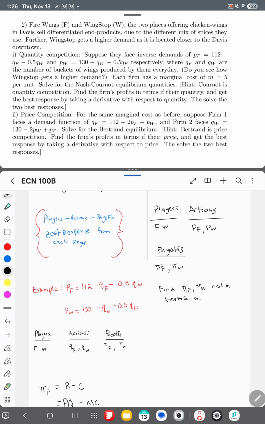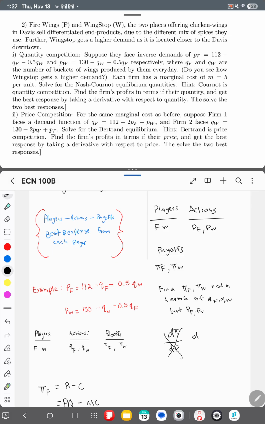And then the second difference is when you take the derivative, you don't take the derivative with respect to quantity anymore. To find best response, you take the derivative with respect to prices. Okay? So the main difference between Cournot and Bertrand is because this is quantity competition, derivatives are with respect to quantity.